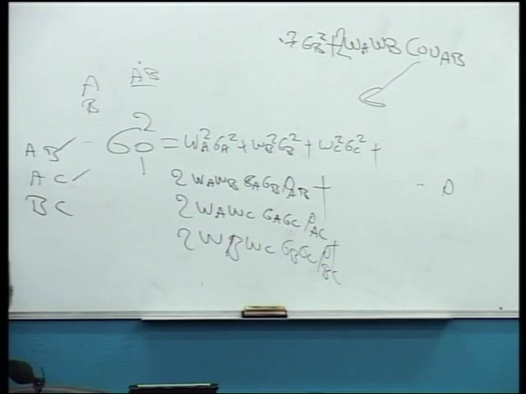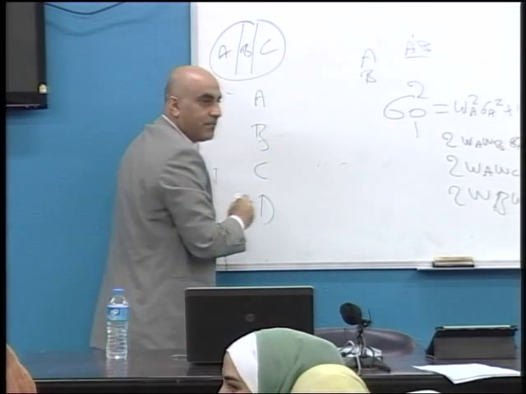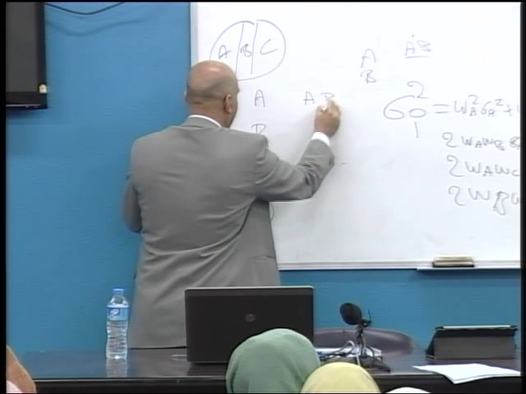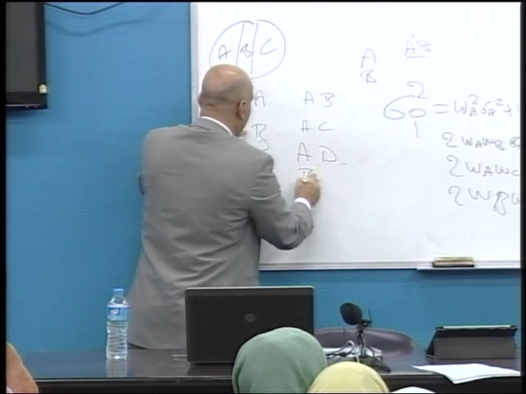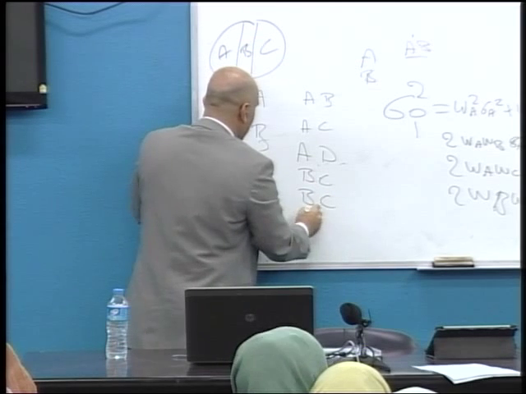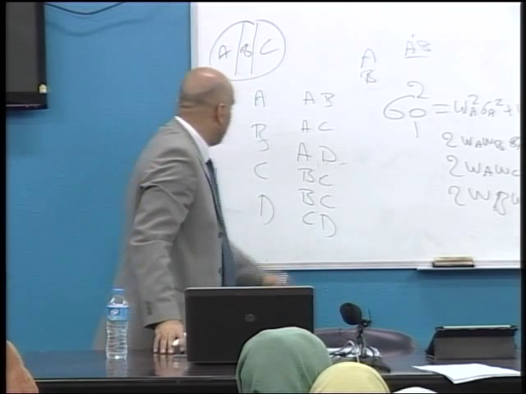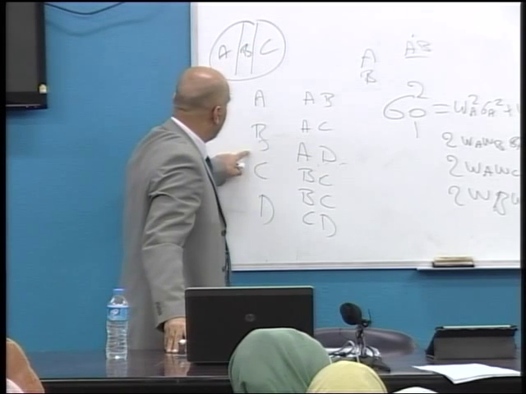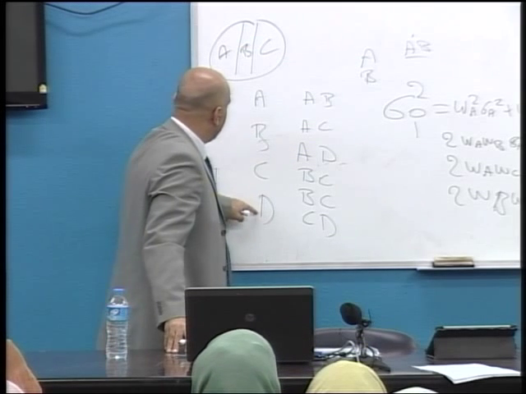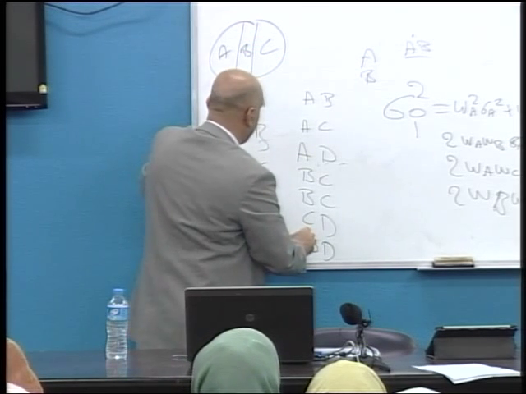That's it. If we have 4 stocks, A, B, C, D, we have A with B, A with C, A with D, and then B with C, B with D, and then C with D. D with A and D with B are already covered, and C with D is available.